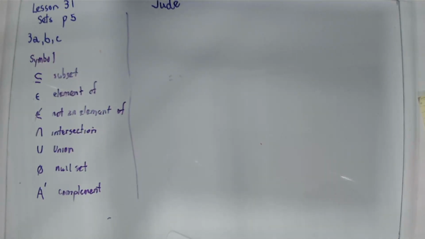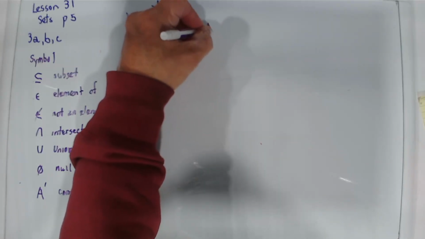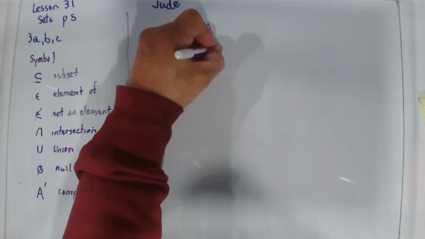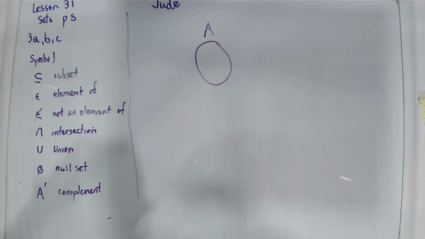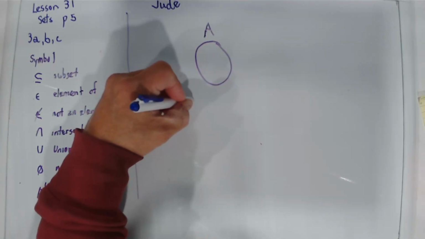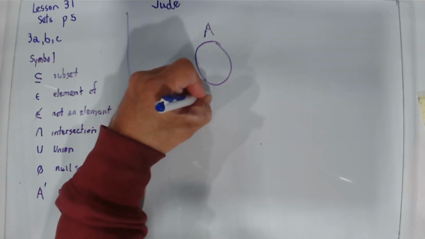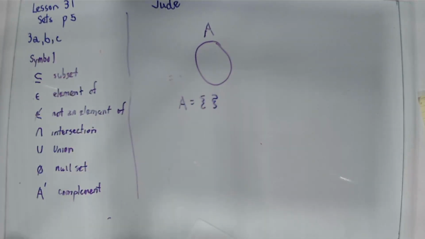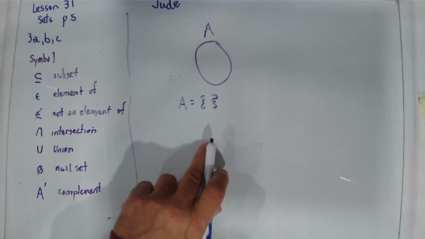If I have a set A here, and I don't put anything in it, how do I write that? Well, I could write it like this. I could just say A is the set of nothing, but that's kind of a funny way to write that.